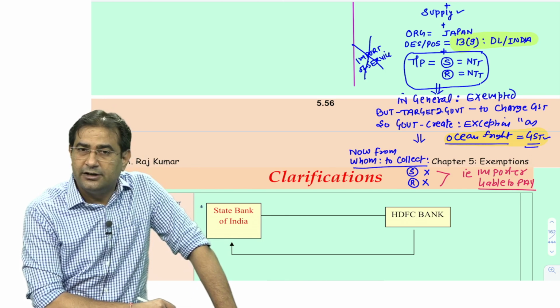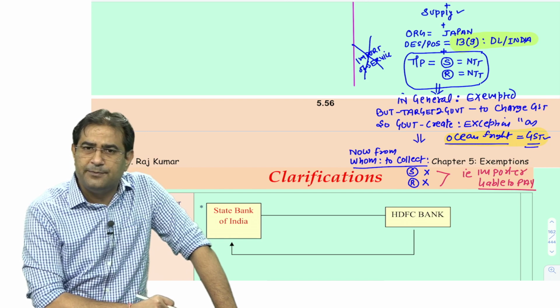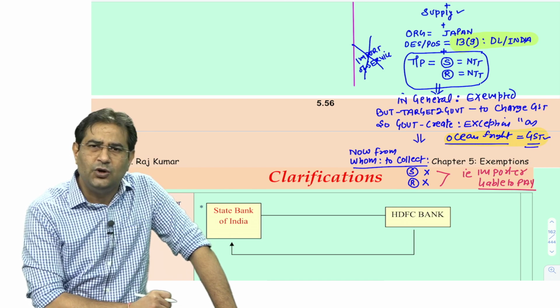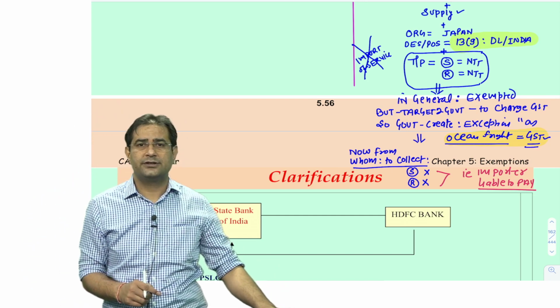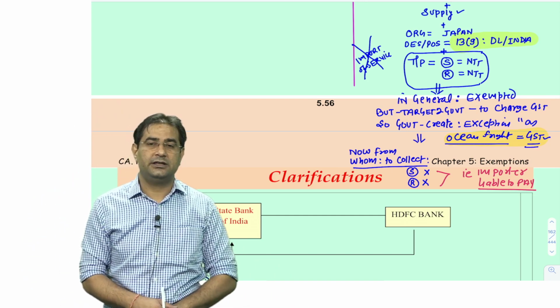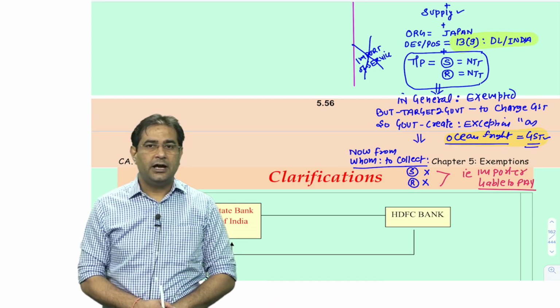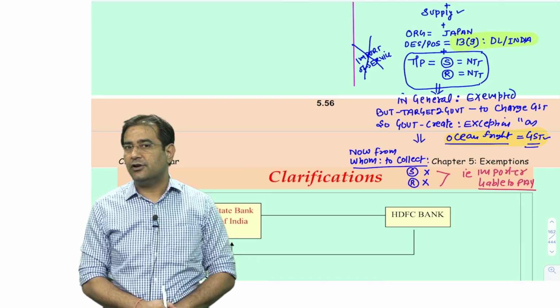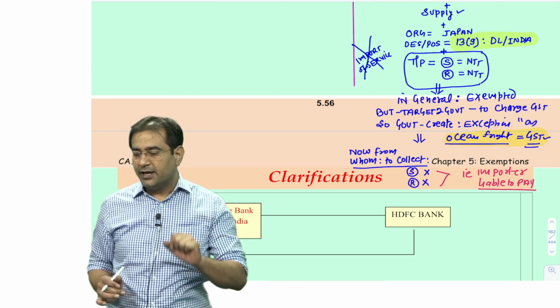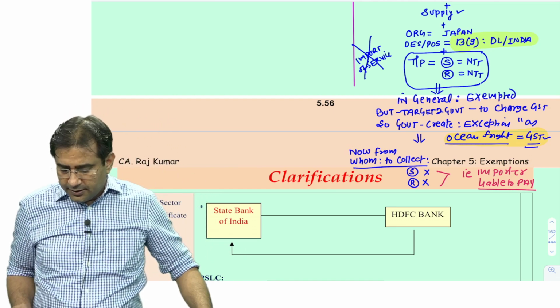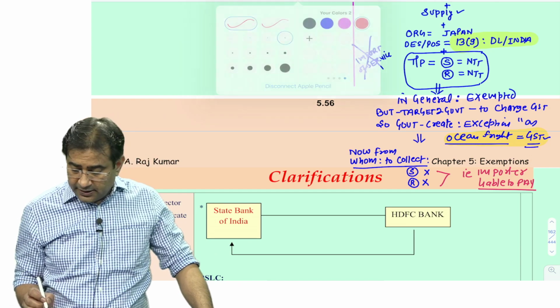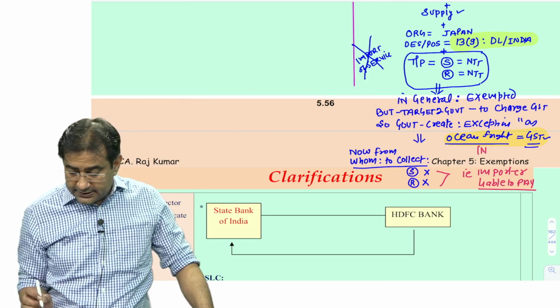The importer, in this particular situation, is neither supplier nor recipient, but he is liable to pay GST to the government. It is unethical, illogical, and not lawful, because in this particular situation, how will you treat it? Whether it will be called NCM or RCM?